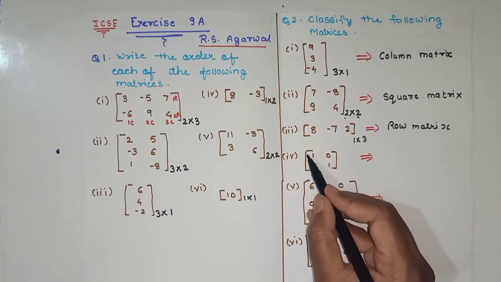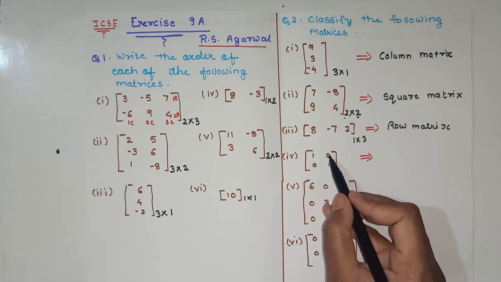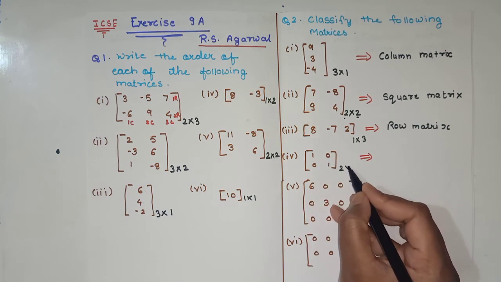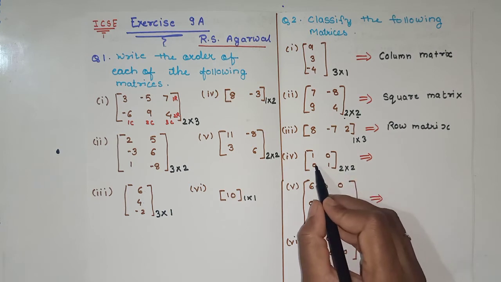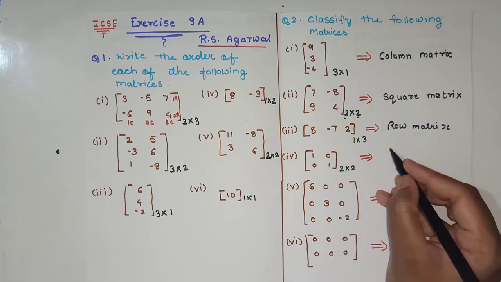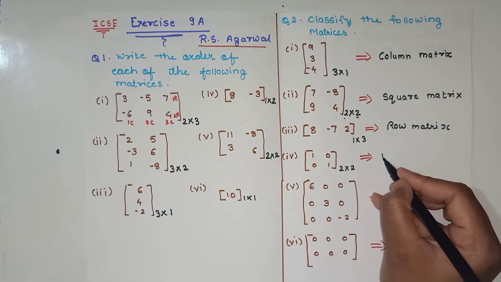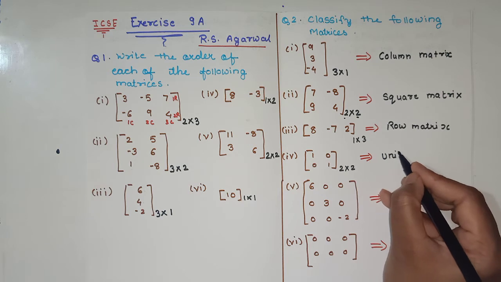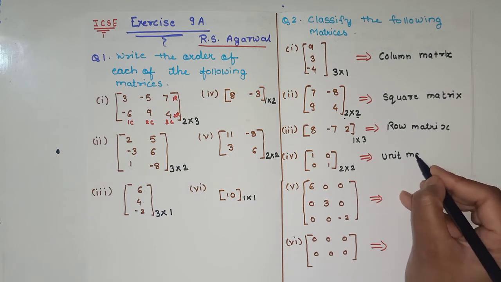Here the diagonal elements are 1 and the non-diagonal elements are 0, and the order of this matrix is 2 by 2. It is a square matrix, but in that also it is your unit matrix.